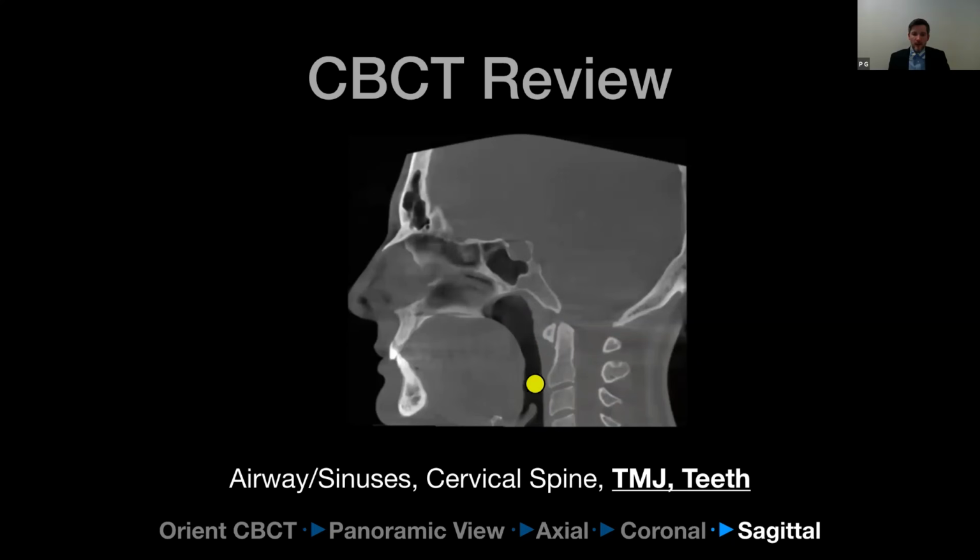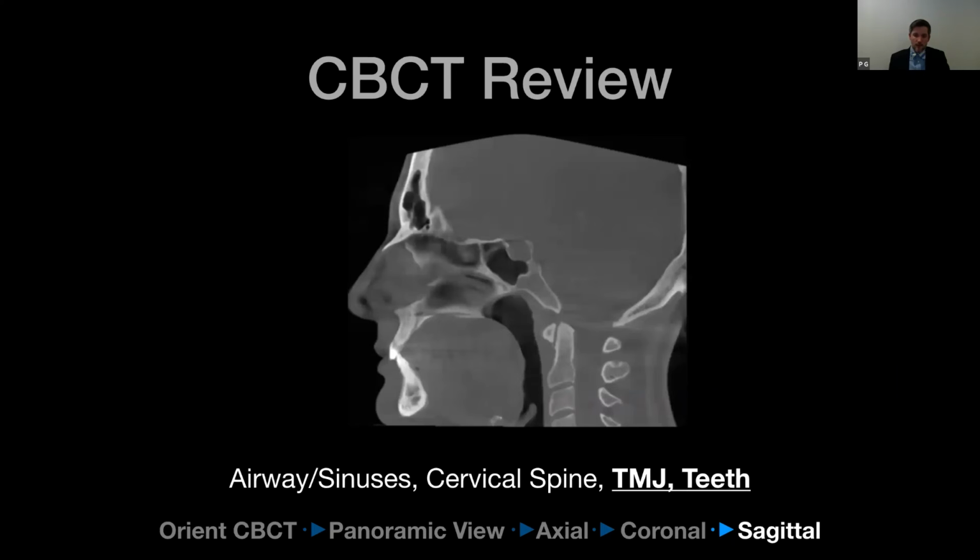So again, airway and sinuses first. You can evaluate the spine in this view as well. But I find the sagittal view best to look at the joints, the temporomandibular joints, and the teeth. And so I'll start in the sagittal view.